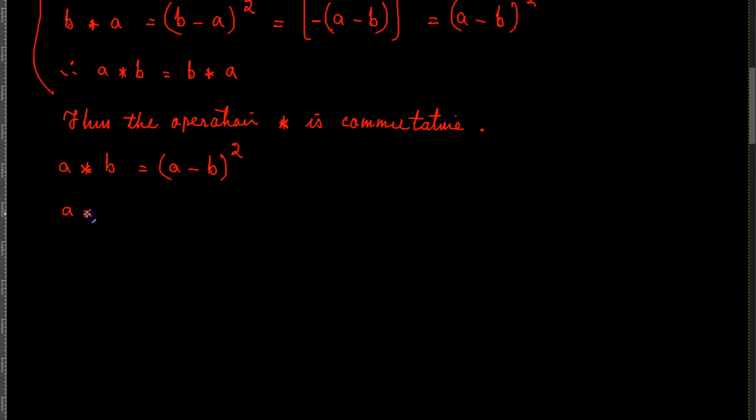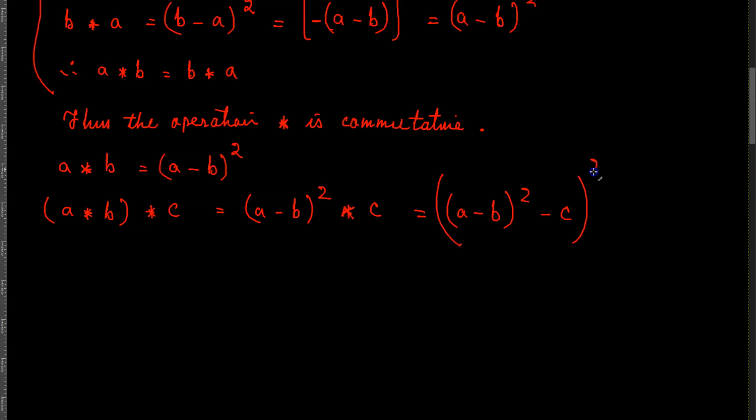A star B star C would be the same thing as A minus B whole squared star C, which is the same thing as A minus B whole squared, so you have this whole expression minus this expression raised to the second power. So that's A minus B raised to the second power minus C raised to the second power. This is A star B star C.